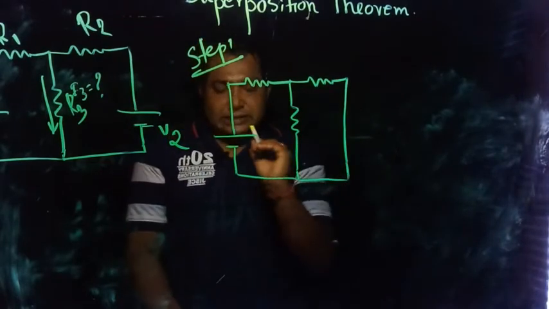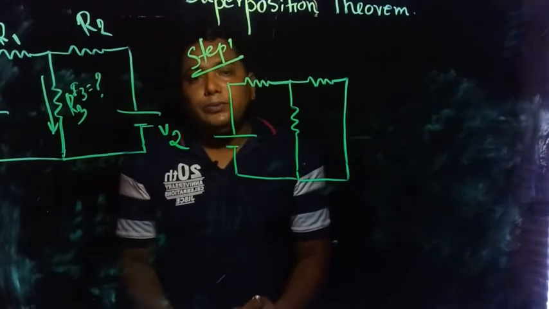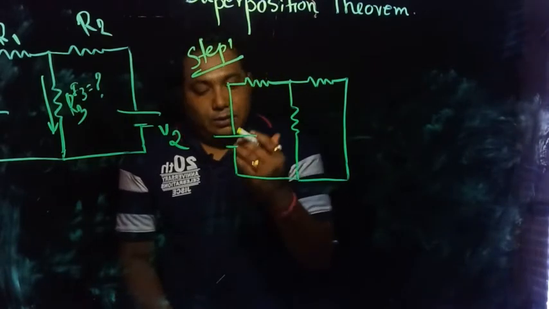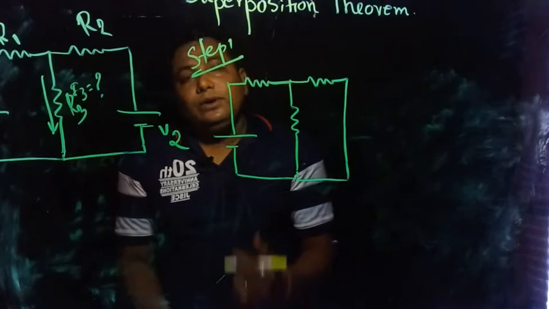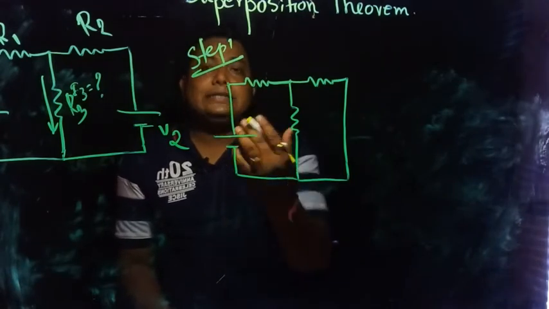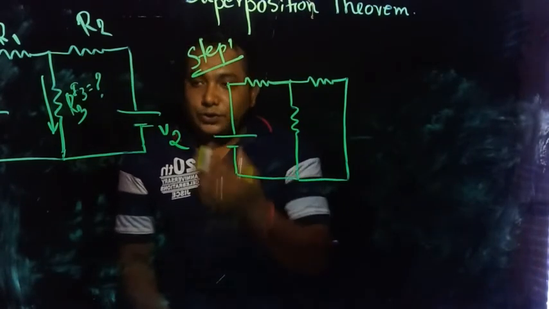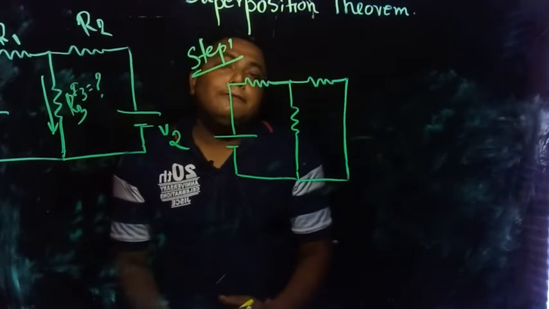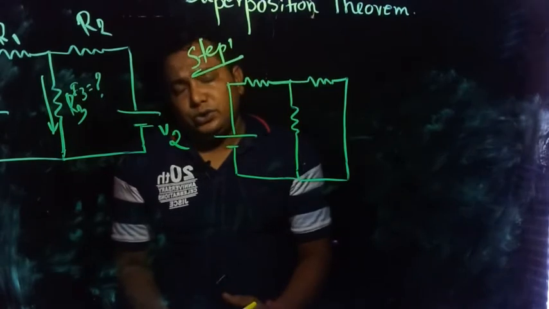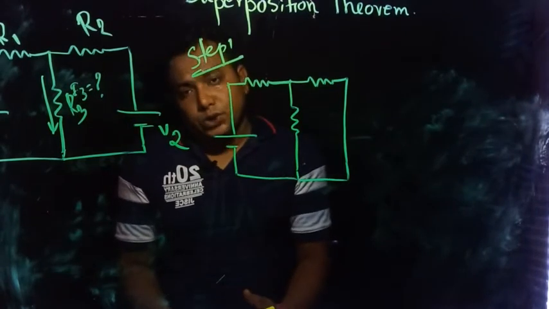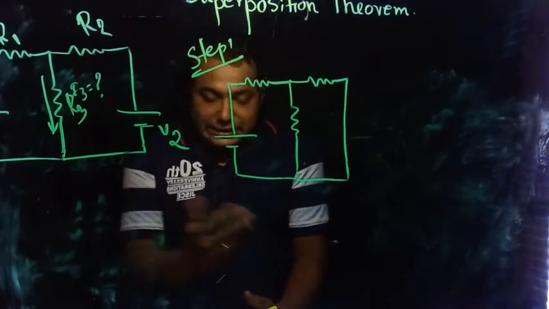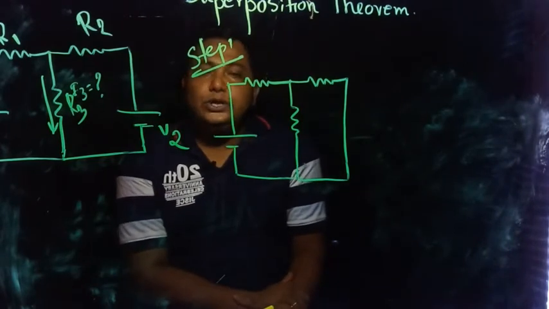It should be mentioned here that when we are removing a source, we have to leave its internal resistance in the circuit. For this particular problem, we have two ideal voltage sources. An ideal voltage source has zero internal resistance.